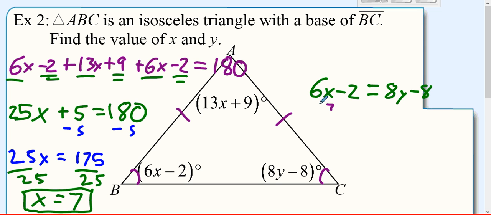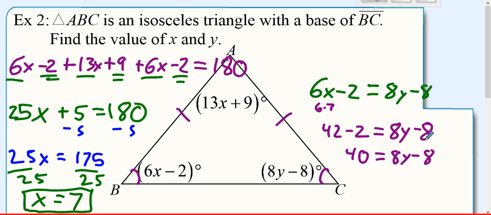X is 7, so plug that in. 6 times 7 is 42, minus 2 equals 8y minus 8. So that's 40 equals 8y minus 8. Add the 8 over, you get 48 is 8y, and then divide, you get y equals 6.